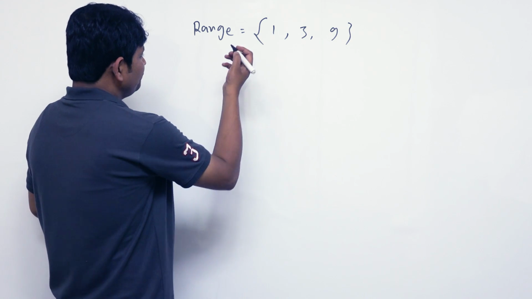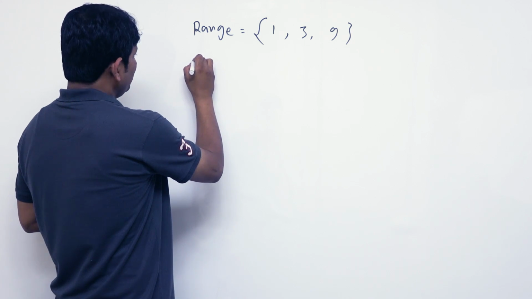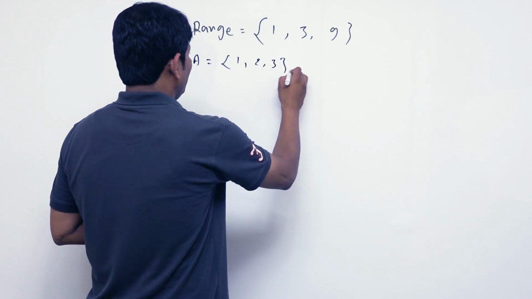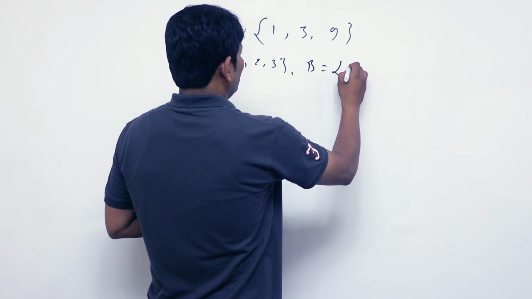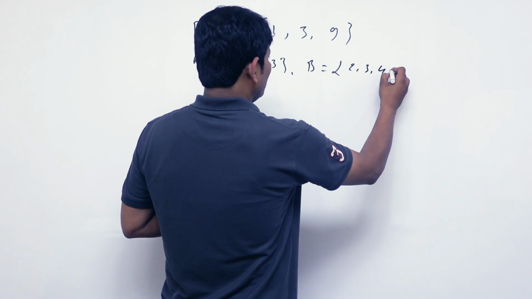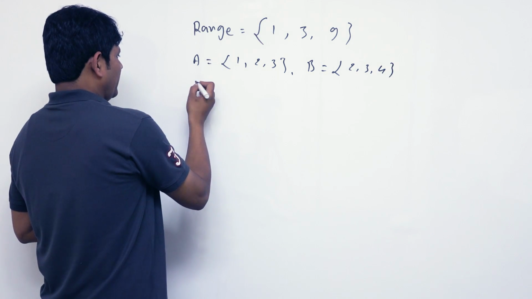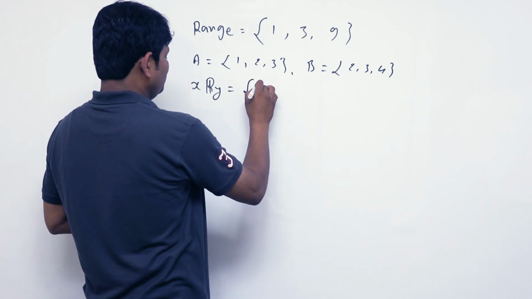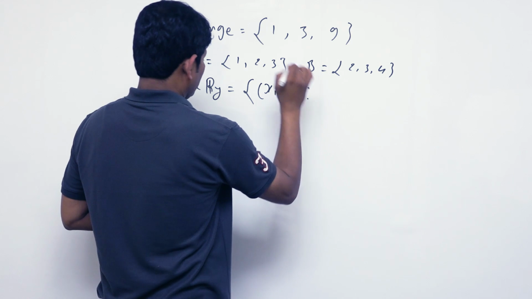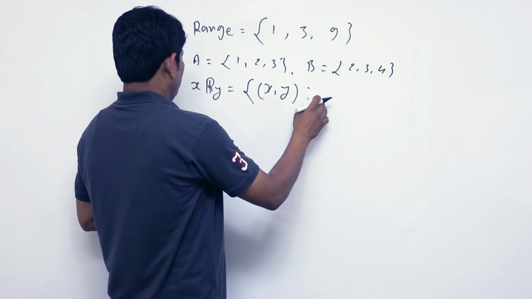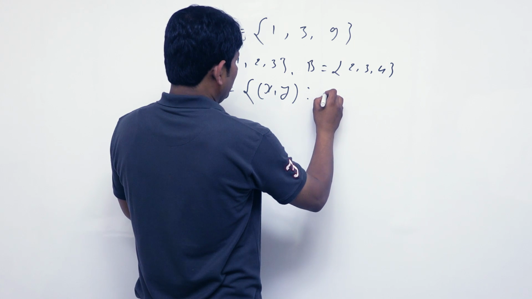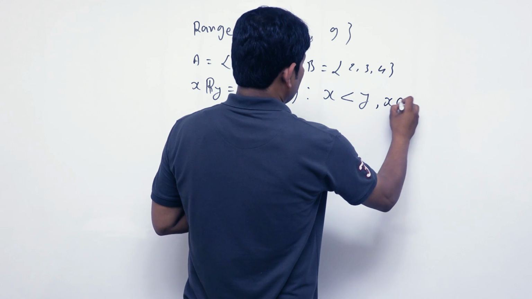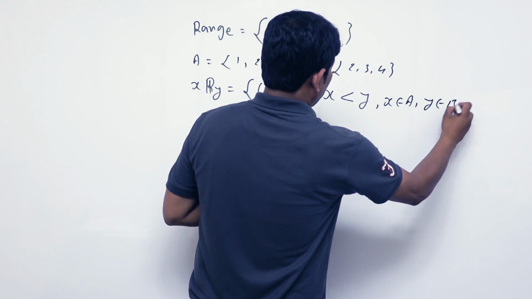Suppose you are given A is equal to {1, 2, 3} and B is {2, 3, 4}, and we have to define the relation R as {(x, y) such that x is less than y}, where x belongs to A and y belongs to B.